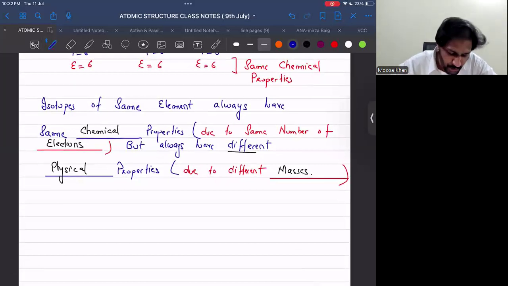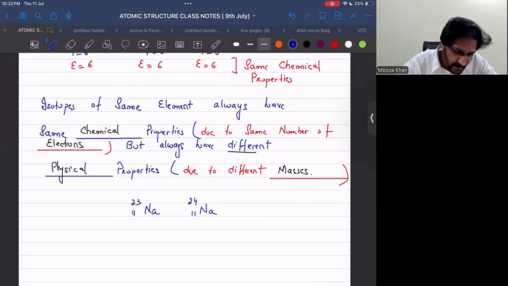But in case of isotopes, for example, if we are comparing two isotopes of sodium, one with the mass number 23 and one with the mass number 24. Because we know their number of electrons are equal, both are atoms, it means the charge is also the same.